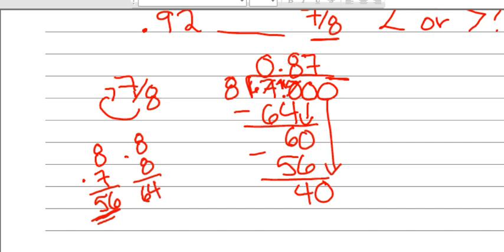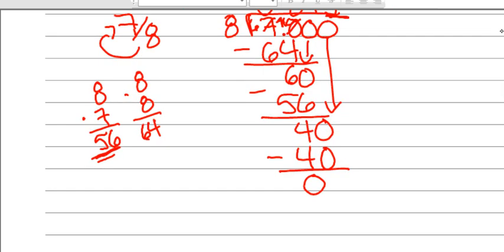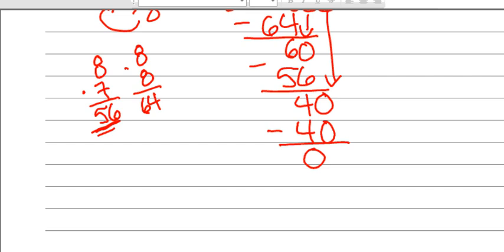Does 8 go into 40? It does, 5 times. So 8 times 5 is 40. So that tells me that 7/8 is equal to 0.875.